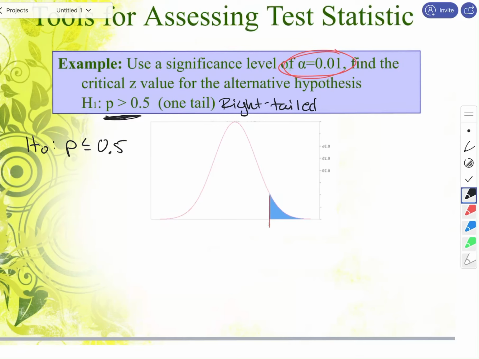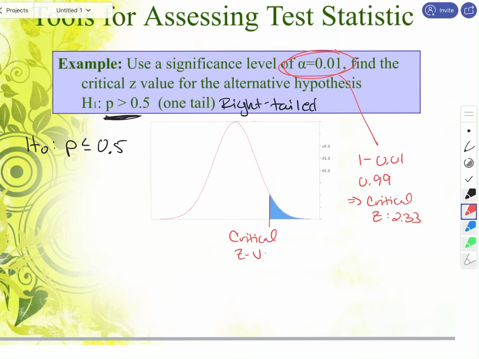So using our significance level of 1% or 0.01, what we did was we looked up, actually we did 1 minus 0.01, which gave us 0.99 on the standard normal distribution chart, and that gave us a critical z-value of 2.33.